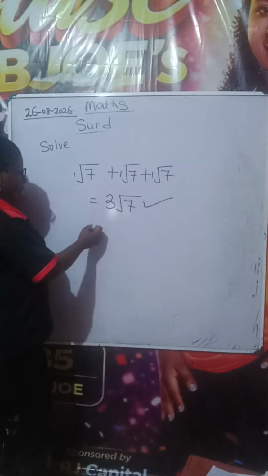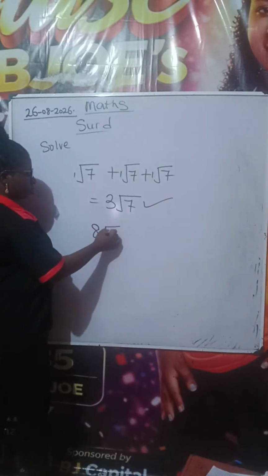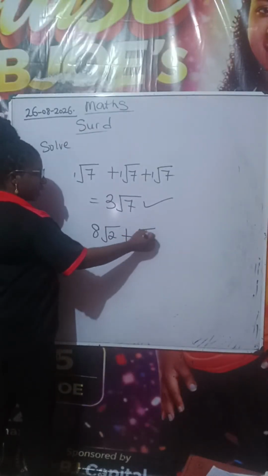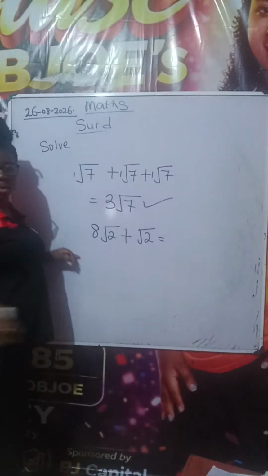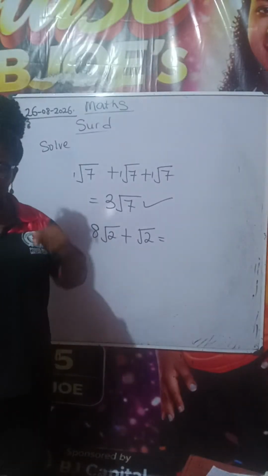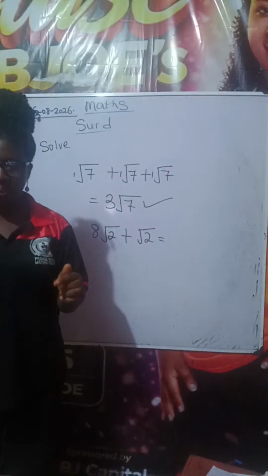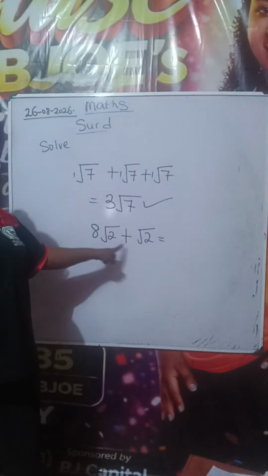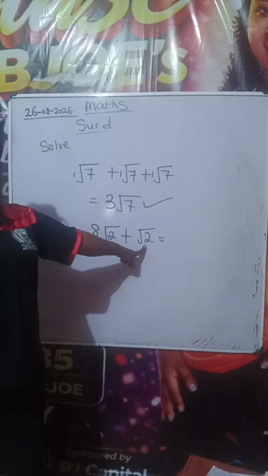Now let's try another one. Look at this. I have 8 root 2 plus root 2. Now all you need to do is check these surds. Can I add them together? You said yes. This is root 2, and this is root 2.